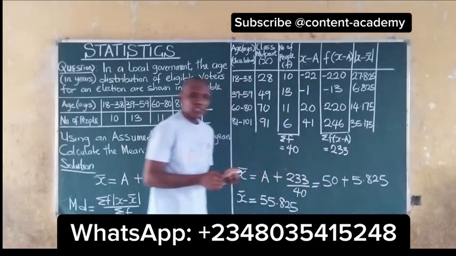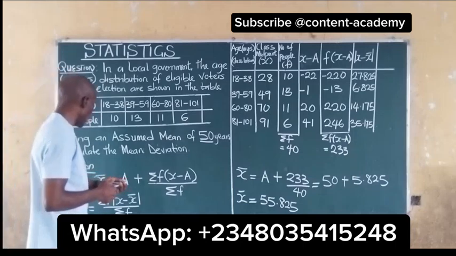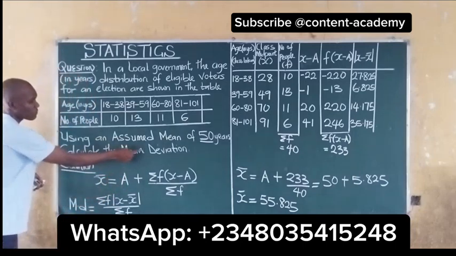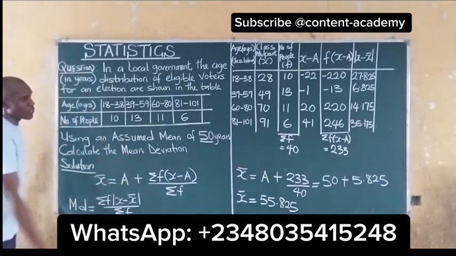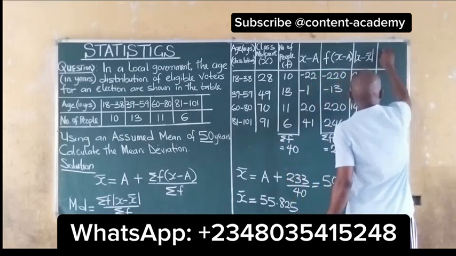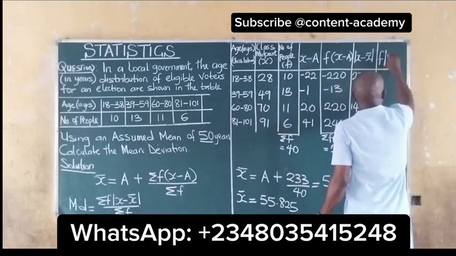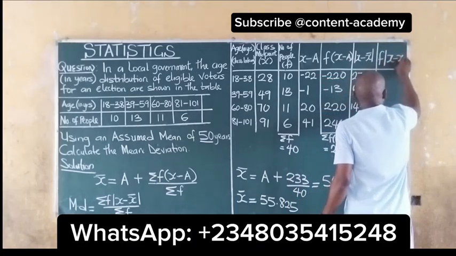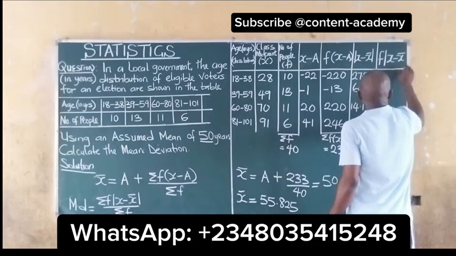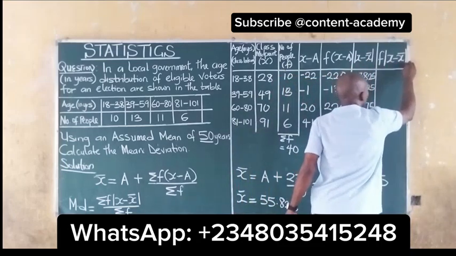Now, we still have another table to complete so that we'll be able to get the mean deviation. We move over to the column f multiplied by x minus x bar.